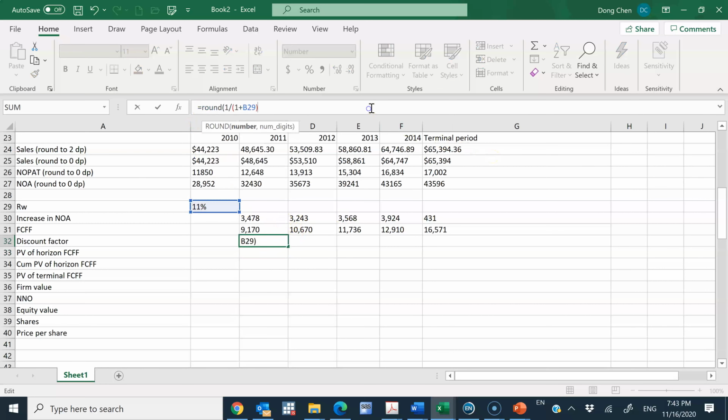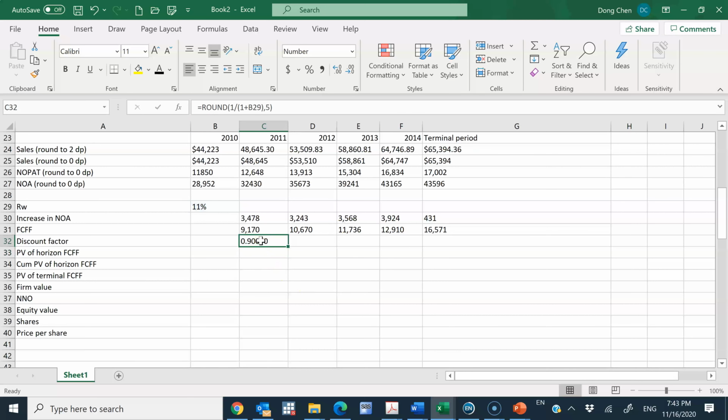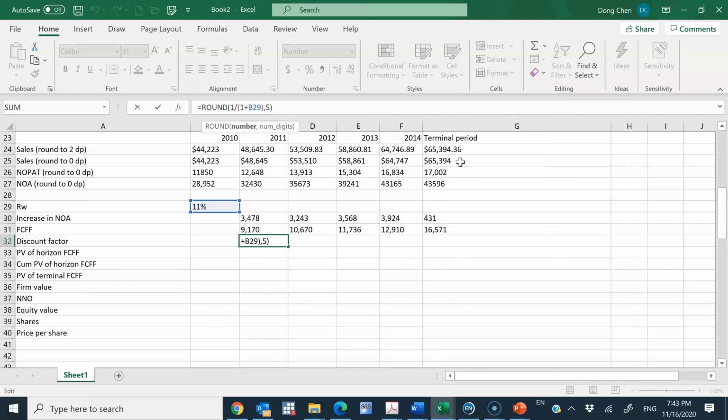Round function and keep 5 decimal places. But I do not want to make some manipulations on the power of this denominator here. For the first year, the power on the denominator is 1. That's why I don't have to write anything.